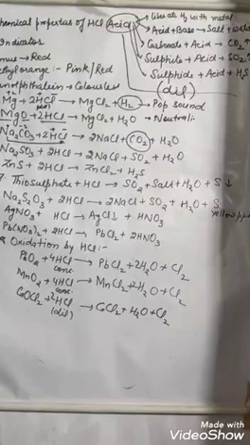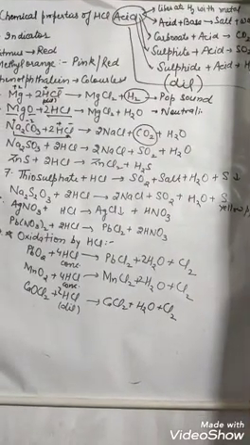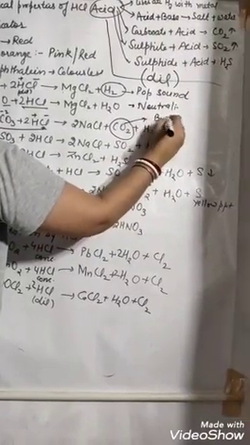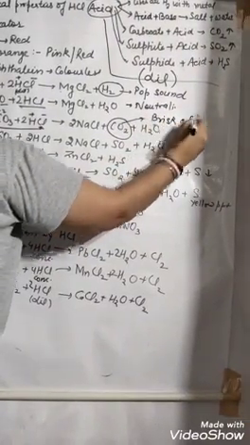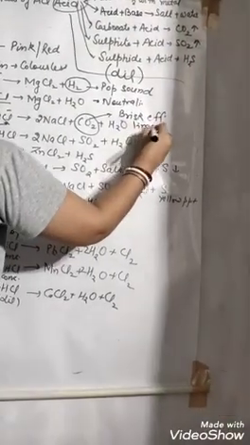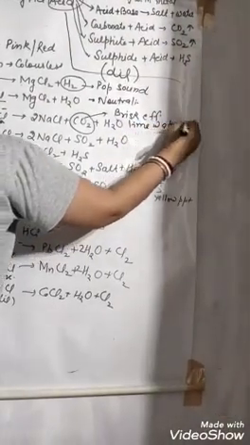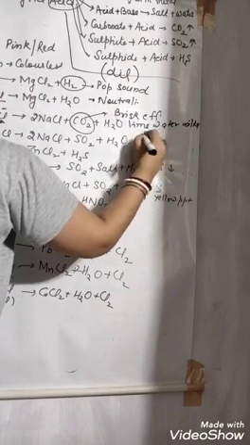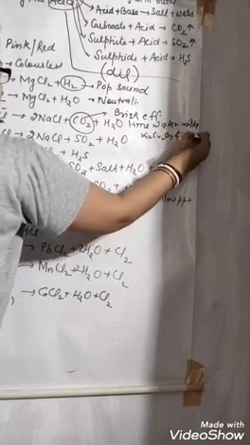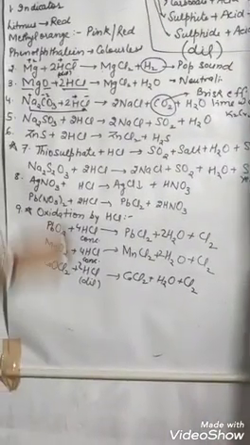Carbon dioxide, and together with this it releases water. Carbon dioxide is released with a brisk effervescence. It turns lime water milky, but doesn't affect K2Cr2O7 and KMnO4. There is no effect on these, right?